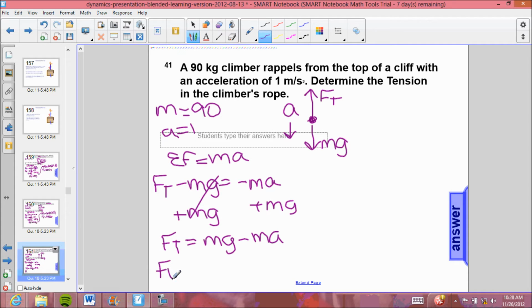So Ft equals 90 times 9.8 minus 90 times 1.